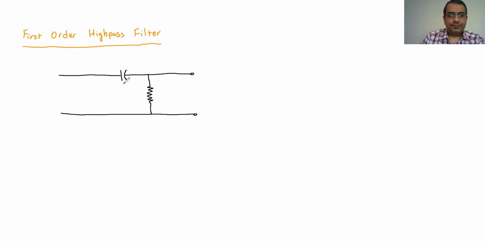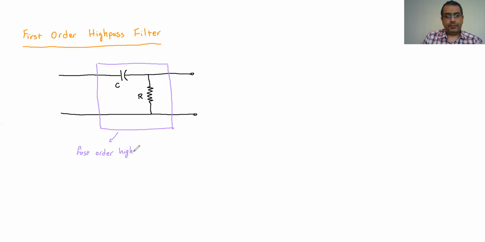So I have a C here and I have an R here, and then I put them in the box like that. That circuit inside that box is going to be the first order high pass filter.